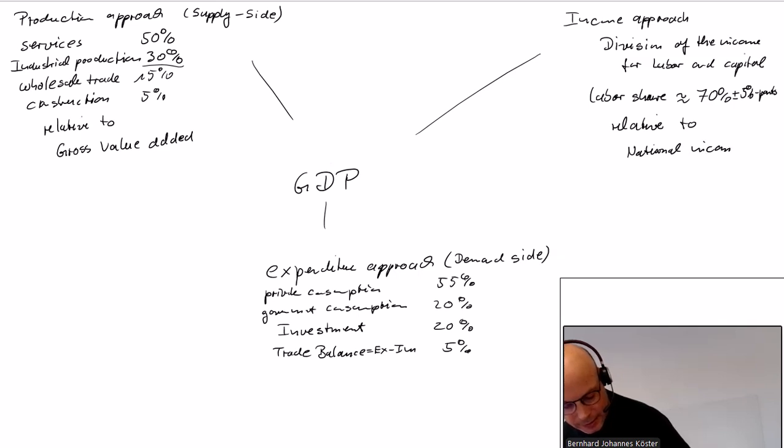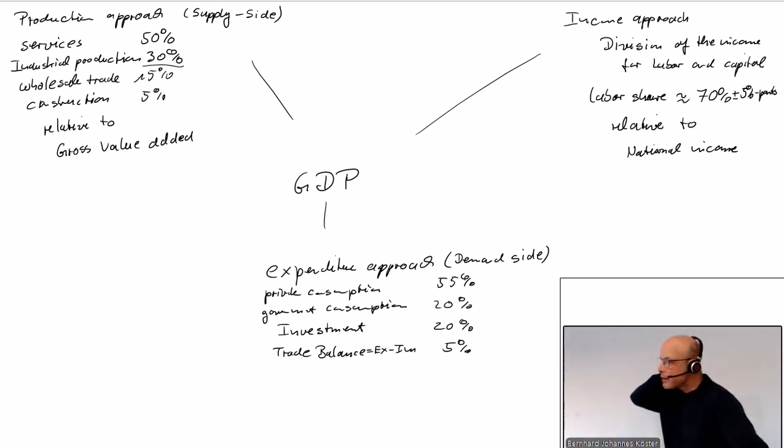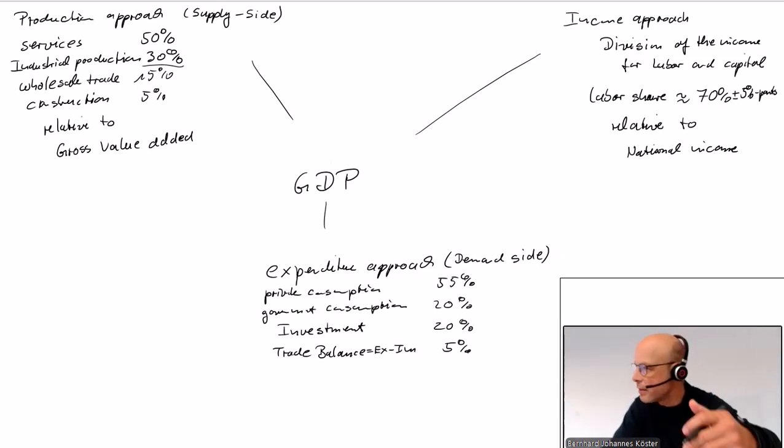There it was a little bit more complicated: we had at first to calculate the subsidies, and then we had to add the depreciation, and then we ended up at the gross national product.